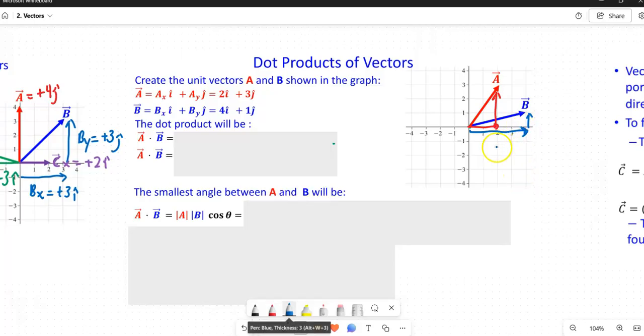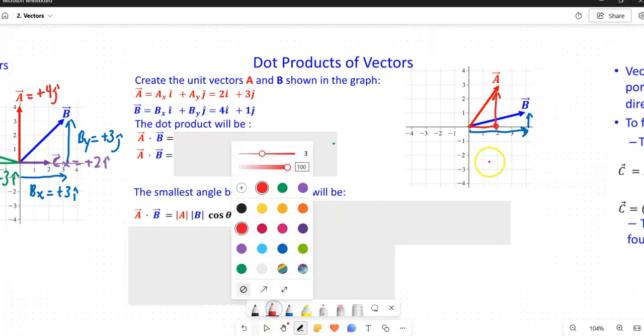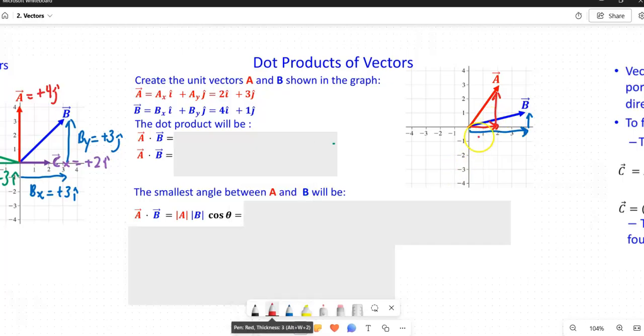Let's do both. If we want the dot product, you have to multiply the parallel portions. Well, A in the x direction is positive 2, and B is positive 4, right? So that's going to be positive 2 times positive 4, which is equal to positive 8. So the x direction portions are positive 8.